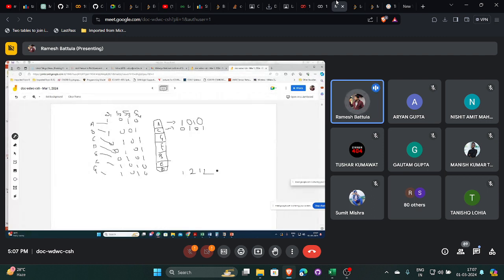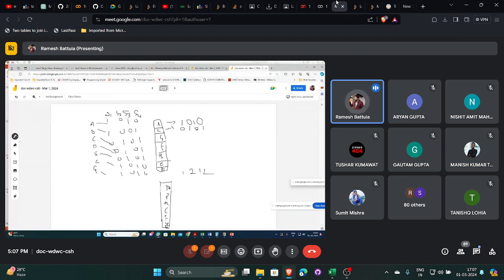Suppose another example so that you can understand very easily how these values are going to be computed. Another random string: D, B, A, C, F, G, and E. So now what are you supposed to do here?